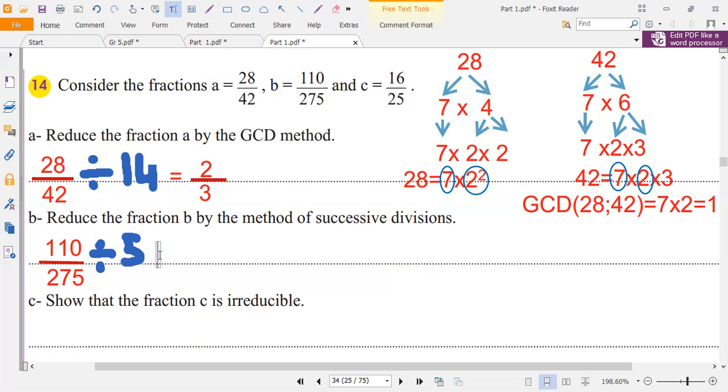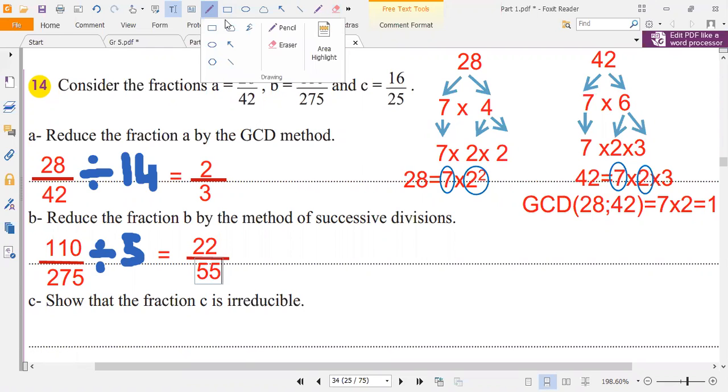11 over... we divide 110 by 5, we get 22. And when we divide 275 by 5, we get 55.